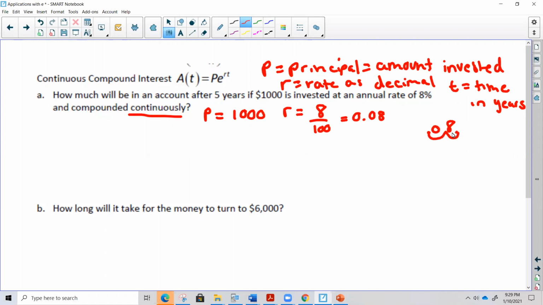So it becomes 0.08. Either way gives you the rate. And then t would be equal to 5. And so pretty much we just plug that into our formula. So A of 5, because t is 5, would be 1,000 e to the 0.08 times 5.